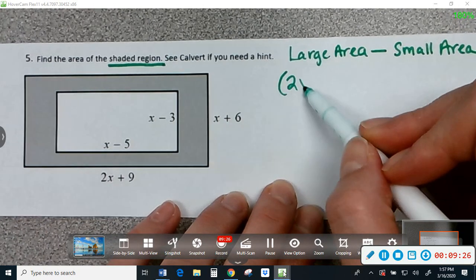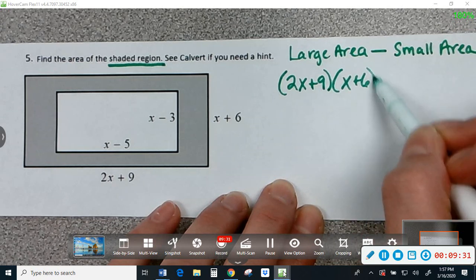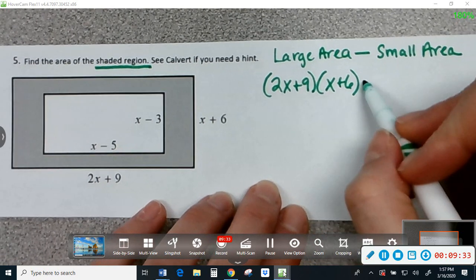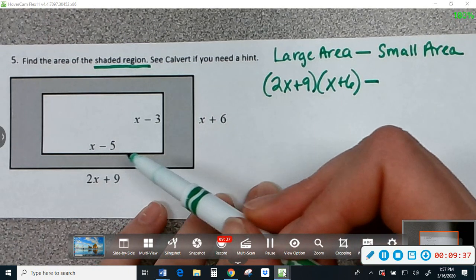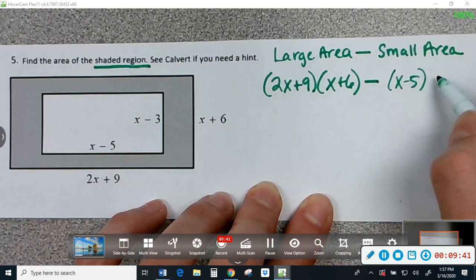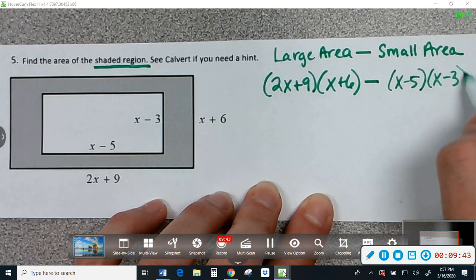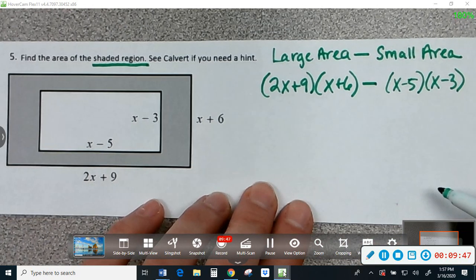So that would be 2x plus 9 times x plus 6. And then you're going to subtract the area of the smaller rectangle. Again, length times width would be x minus 5 times x minus 3. Go ahead and pause the video and find the product of each one.